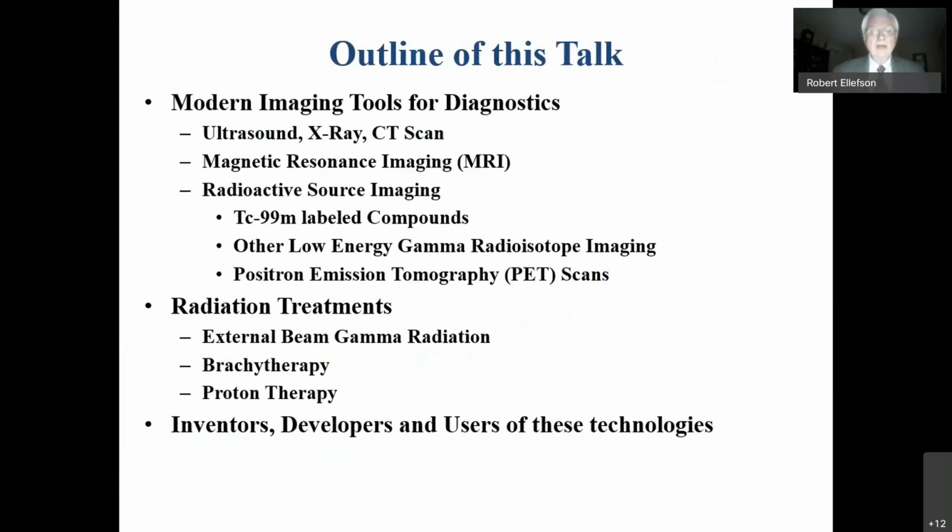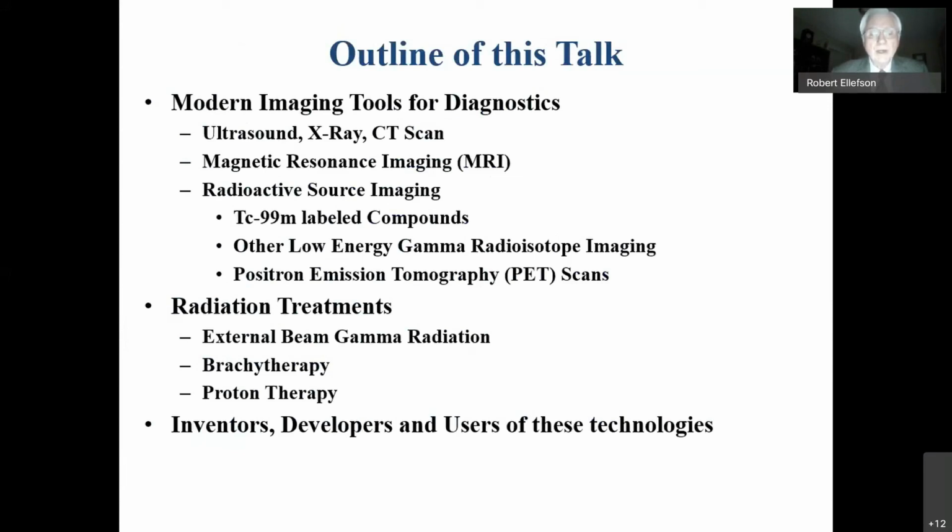The outline of this talk is shown here. Basically, we have modern imaging tools for diagnostics, which are ultrasound, X-rays, and CT scans. We'll talk about magnetic resonance imaging. We'll talk about radioactive source imaging, where we use radioactive sources like Tc-99 as a source within the organ and the body by injection.